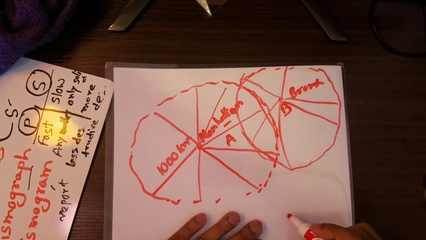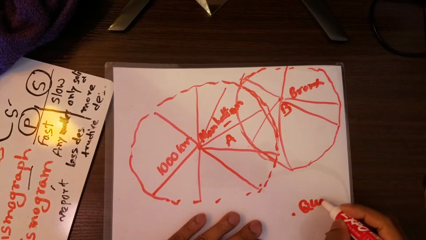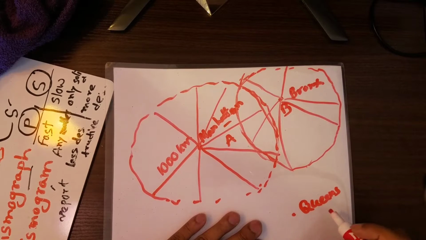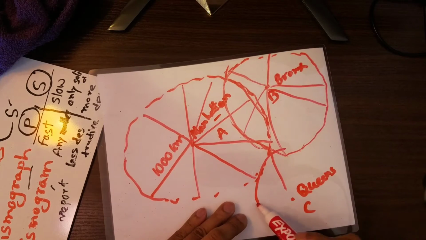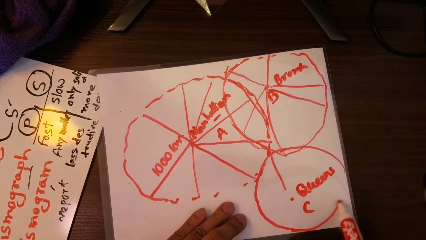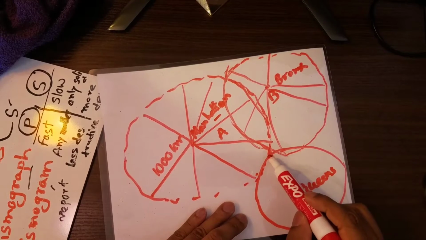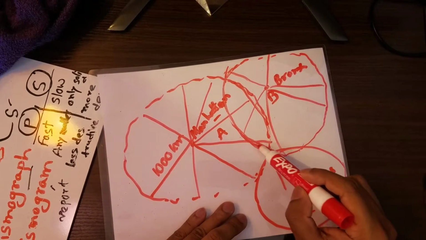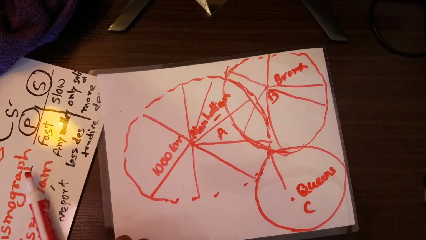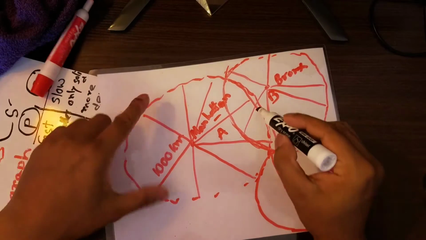Now if I have another one, let's say I install another one at C, which is in Queens. So this is station C, and let's draw another circle here. Now you can see this is the place where you have this one touched. There is an overlap of all three.